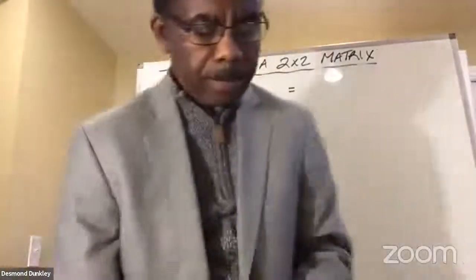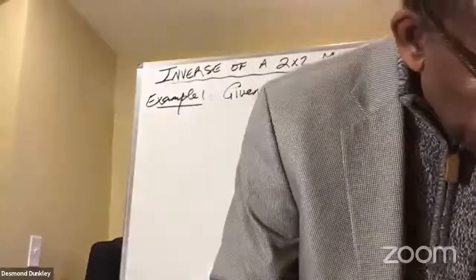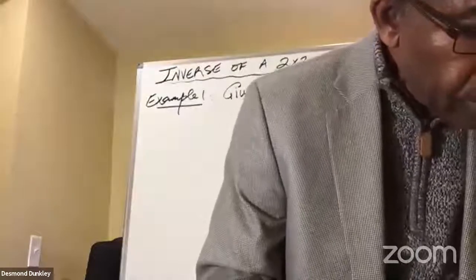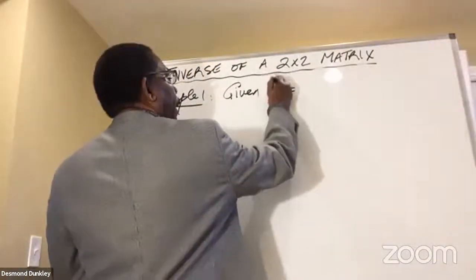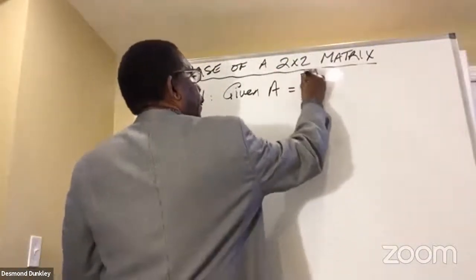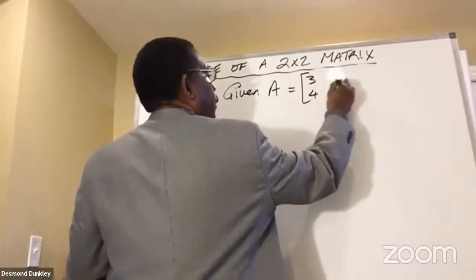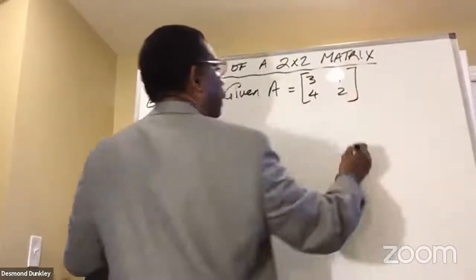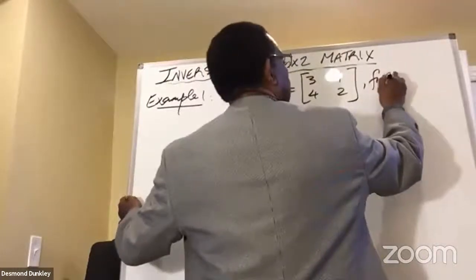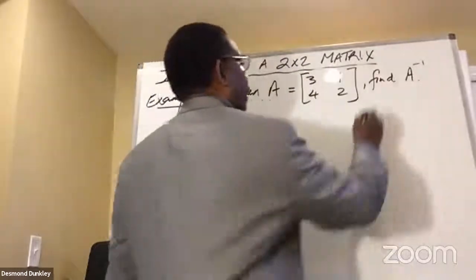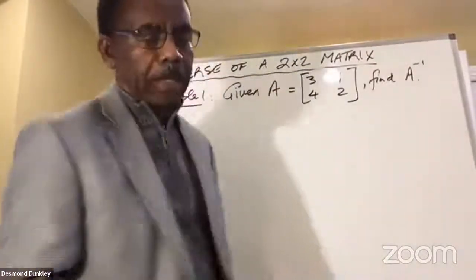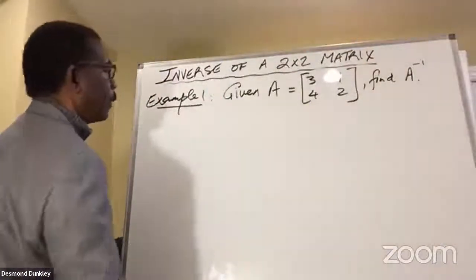So let's try another one. Let's try 3, 1, 4, 2. So given A equal to 3, 1, 4, 2, find the inverse matrix. So let's go.